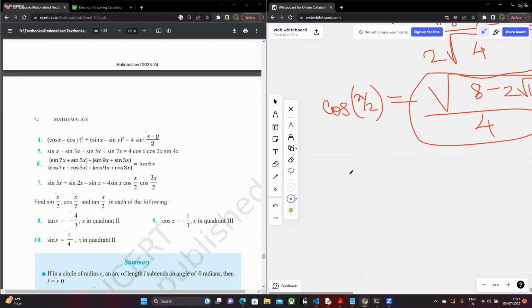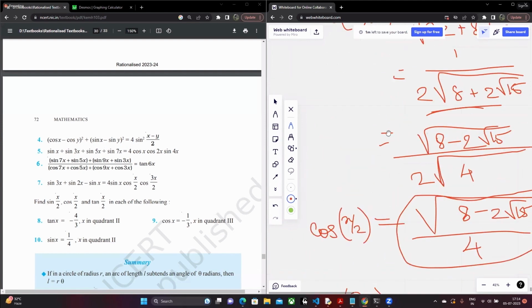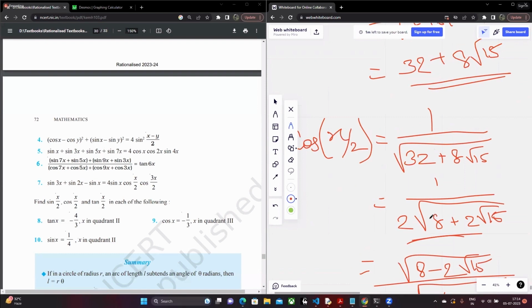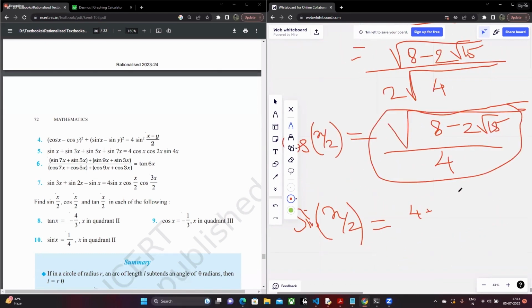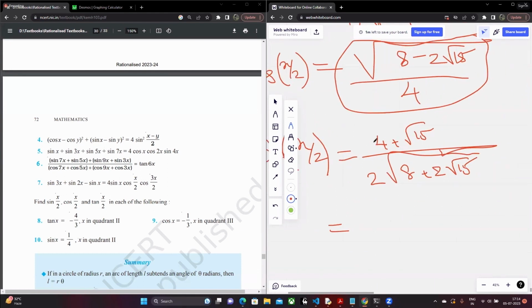Therefore, sine of x by 2 is going to be equal to this whole thing into tan x by 2, right? So this is going to be 4 plus root 15 divided by 2 root of 8 plus 2 root 15, right? So if I have to cut this off, I'll just multiply this by 2 and this by 2.